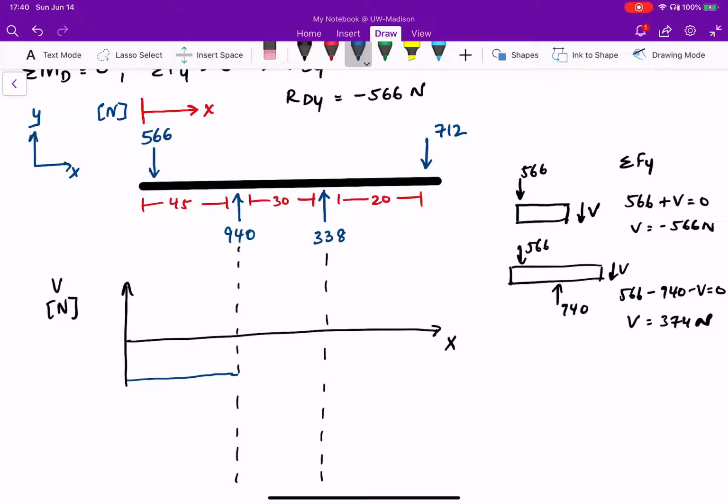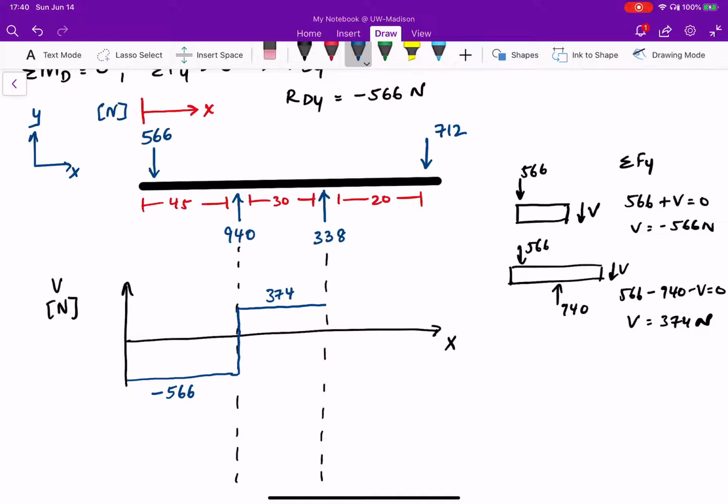So I actually have to increase the value of my shear by 940, which means I have to add 940 to 566, or rather I displace by positive 940, which means I go up by 940, and this value here is 374, which is simply negative 566 plus 940.